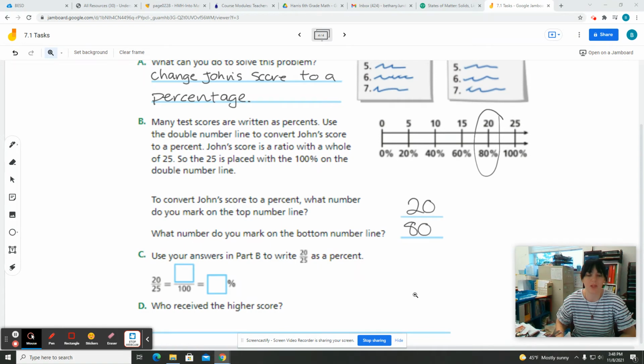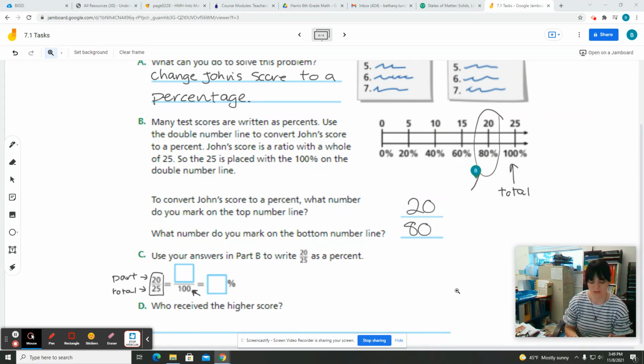Okay. So we're going to use our answers that we just wrote down in part B to write 20 out of 25 as a percent. So if we have 20 out of 25, where we have our part and our total, remember in the chart, this is our total possible points.